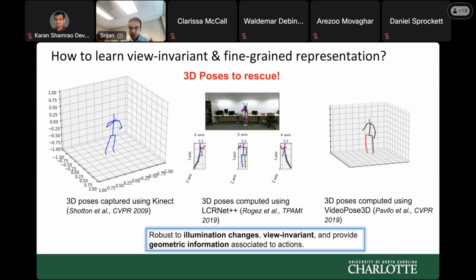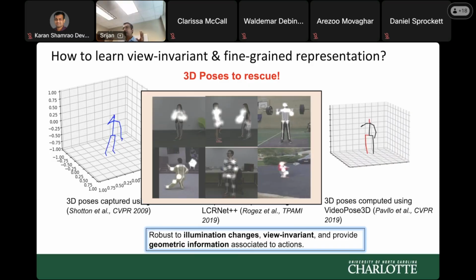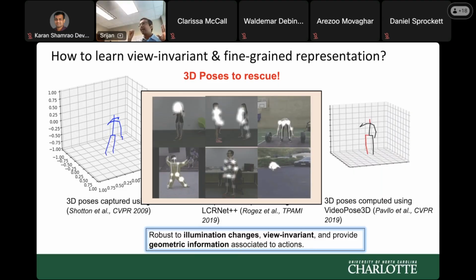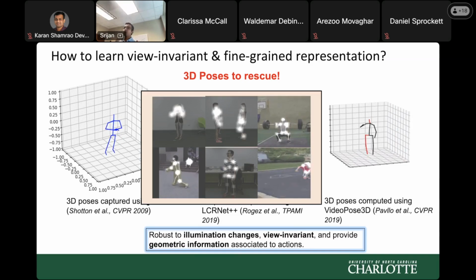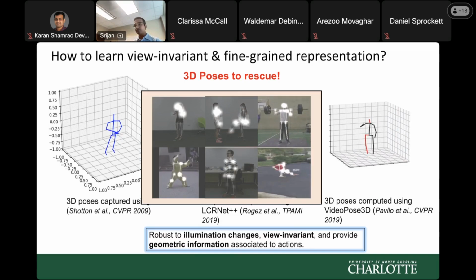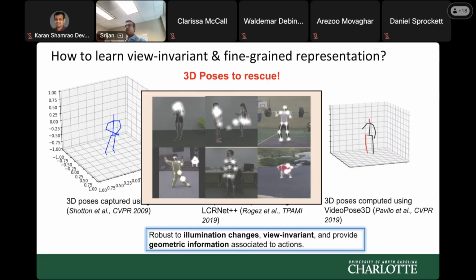So it is always good to come up with vision algorithms which can bridge the gap between 2D and 3D vision. And towards that attempt, we have always been trying to use 3D poses, because this is an attempt to bridge the gap between 3D vision and the 2D images or videos that we provide to the models. And if we are able to do that, you will be able to design models that can localize their attention towards the human parts which are contributing to performing an action.